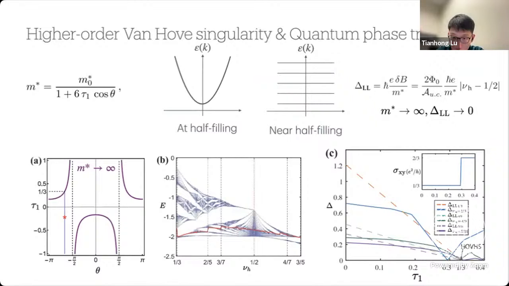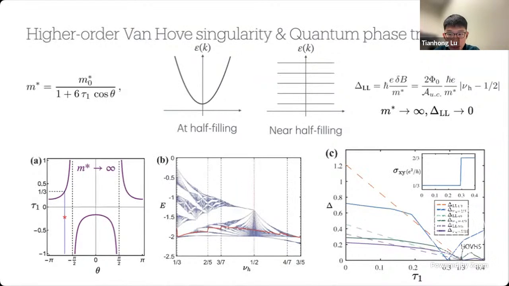We can see that at 1/3, the place where the gap closes is still a bit off by a small amount, because 1/3 is the farthest fractional filling compared to 1/2. When moving closer and closer to 1/2, we can see that the composite fermion gap closes exactly as predicted by the energy splitting of this Landau fan structure.